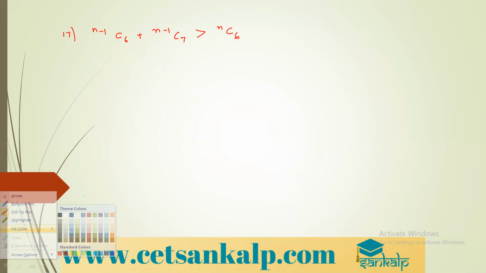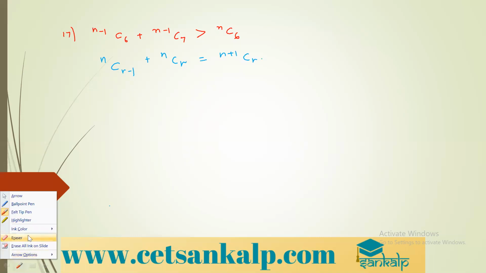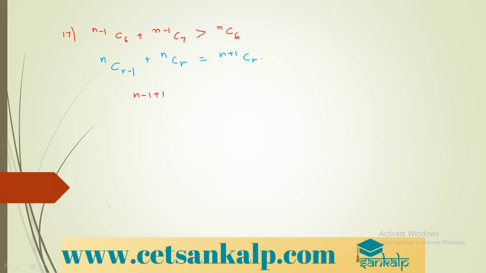Again, I can use the same formula: NCR plus NCR minus 1 is N plus 1 CR. So if this formula is used, I will have N minus 1 plus 1 CR greater than NC6, or NC7 greater than NC6.